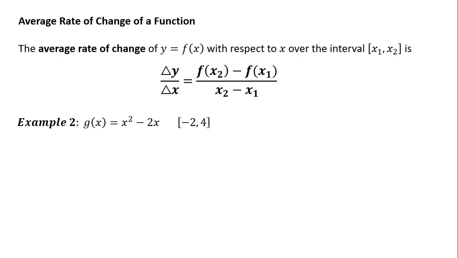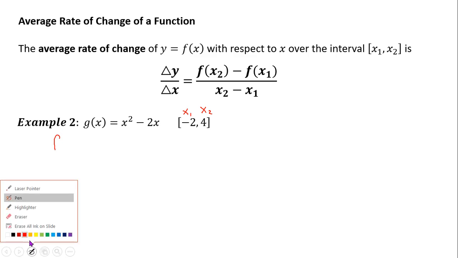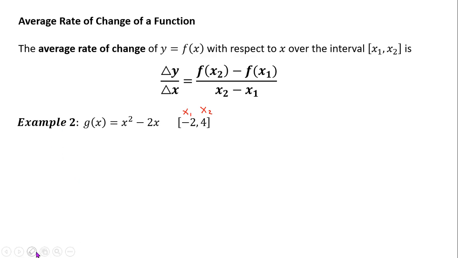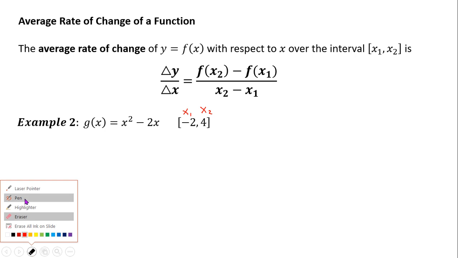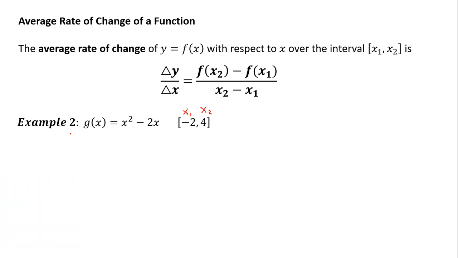Let's have the function g of x equals x squared minus 2x. Just like before, the first number can be x sub 1, the second one is x sub 2. So let's compute g of x sub 2, or g of 4. So this is g already, so we'll be using g instead of f. So yeah, so we have g of 4.